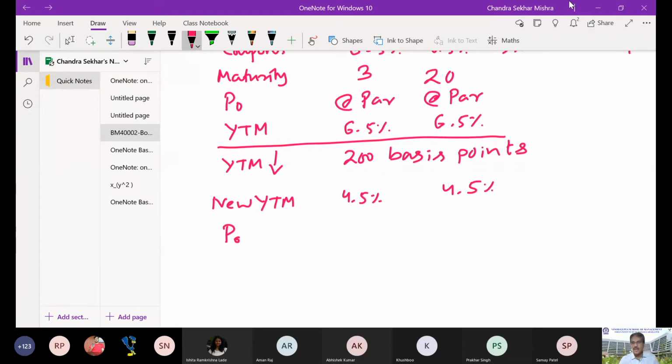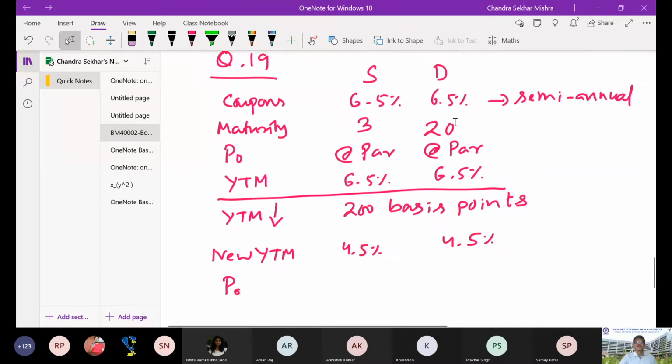Coupon means the interest component every 6 months. 32.5, because it is 6.5% annual and you receive it semi-annually, so 3.25%. So 32.5 on 1,000 rupees.